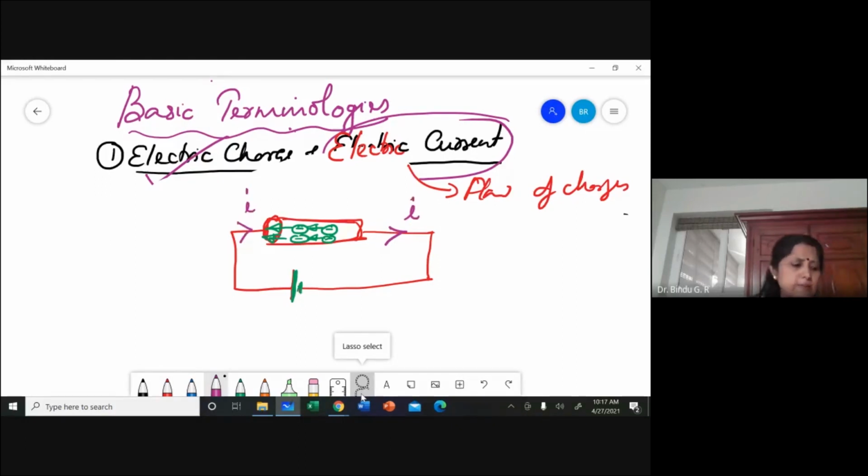As you can see, electrons are flowing towards the left, whereas by our convention, current is going in the opposite direction. This convention was put forward by Benjamin Franklin.